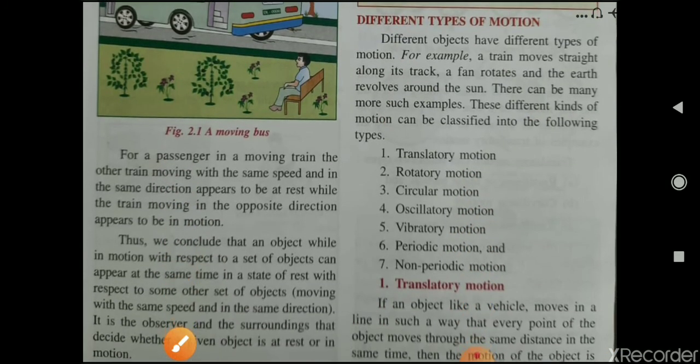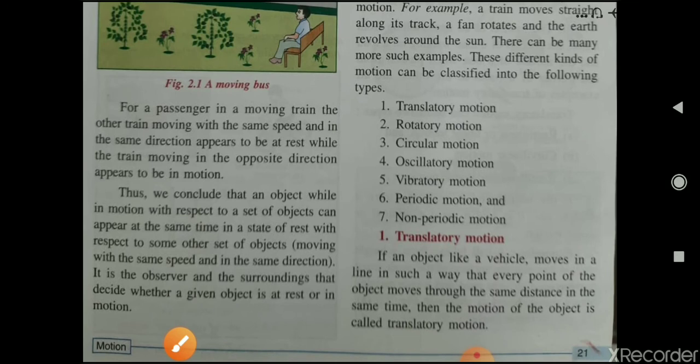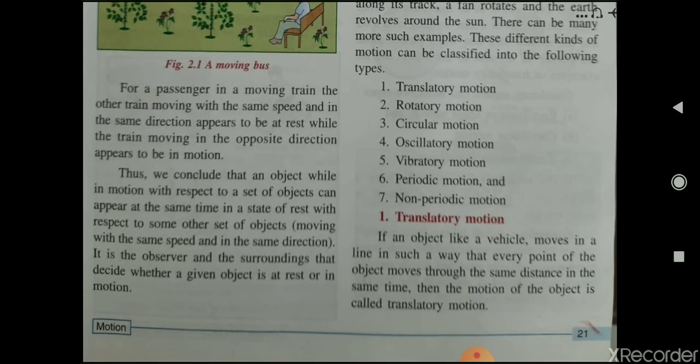For a passenger in a moving train, the other train moving with the same speed and in the same direction appears to be at rest, while the train moving in the opposite direction will appear to be in motion.